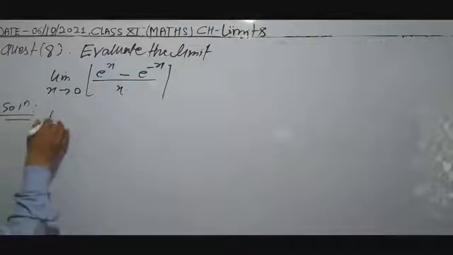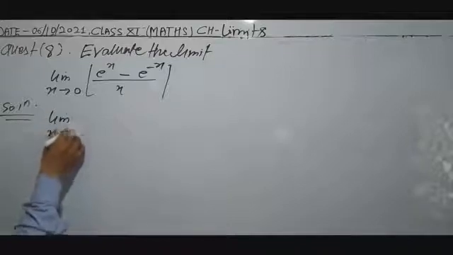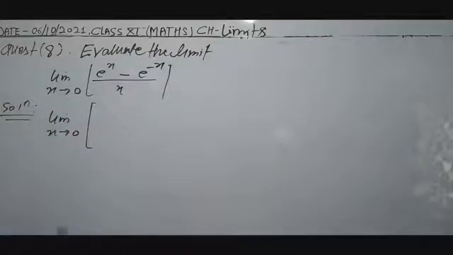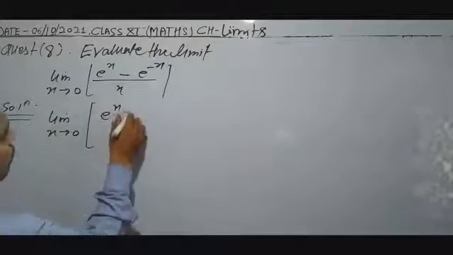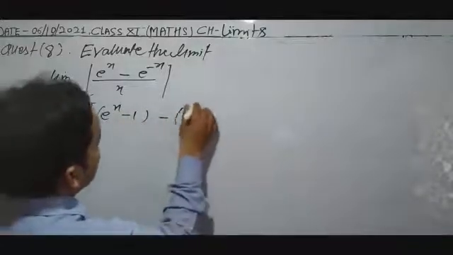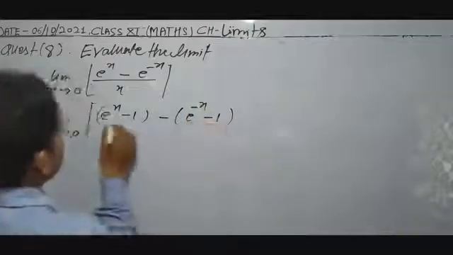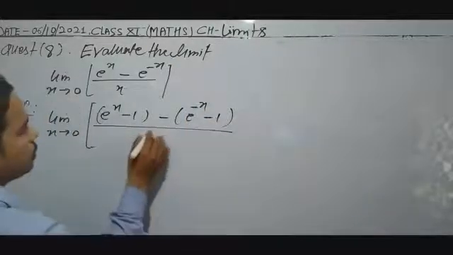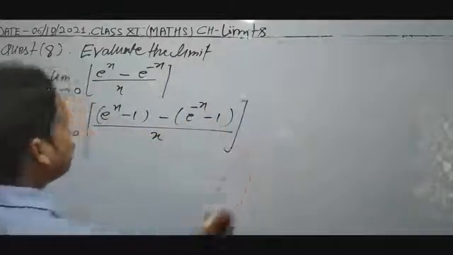Solution is limit x tends to 0, e minus e to the power x, we can write as e to the power x minus 1 minus e to the power x minus 1 whole upon x.